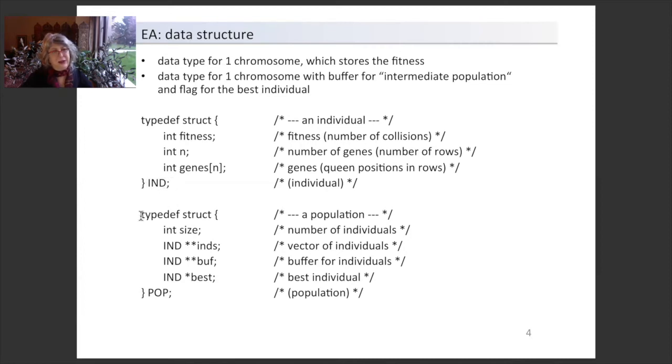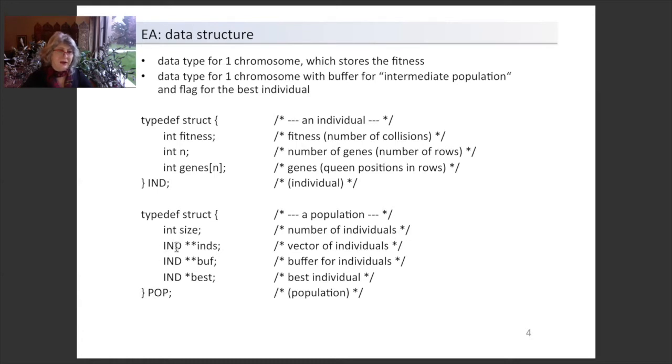And we have another type definition for the population, represented as POP. In this data structure, we have an integer size, which is the number of individuals in the population.